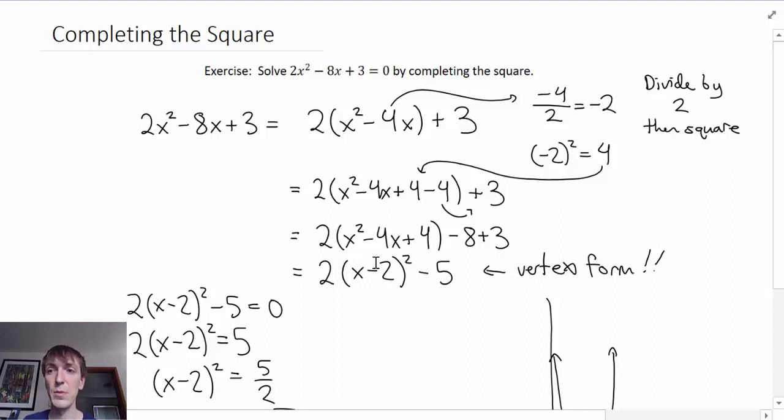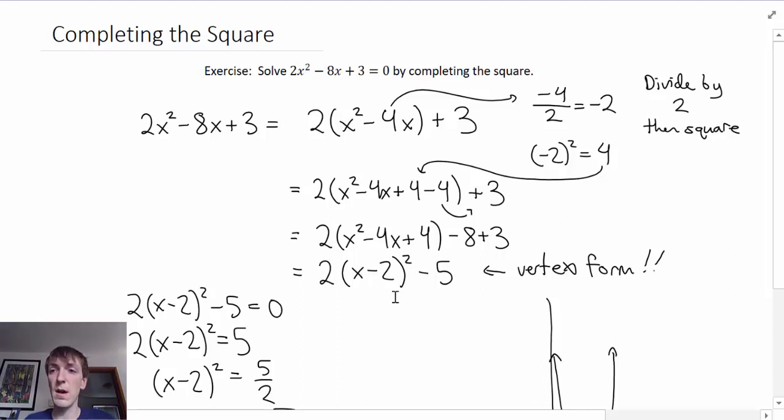That's why we call this completing the square. What's it the square of? Well, it's the square of x minus 2. And I know that, well, one, because I can check, but I also know that because this minus 2 is the middle number in this calculation when I first divided by 2, but before I squared. So it's x minus 2 squared.